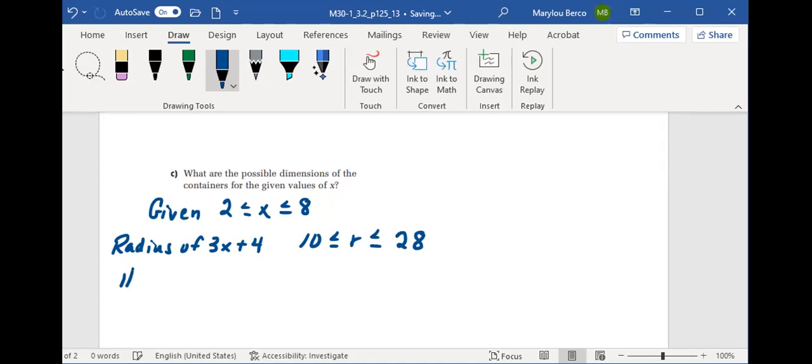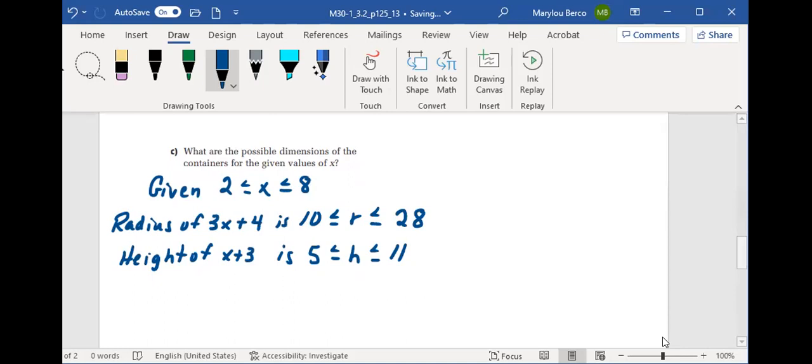For the height, we have the expression x plus 3, so it will be 2 plus 3 is 5 centimeters, and a maximum of 11 centimeters.